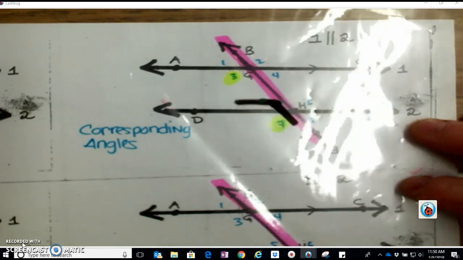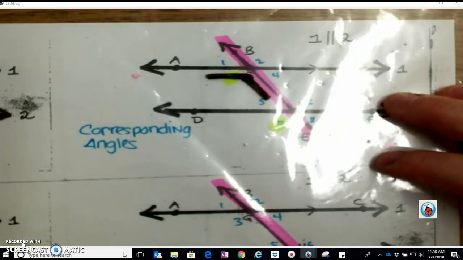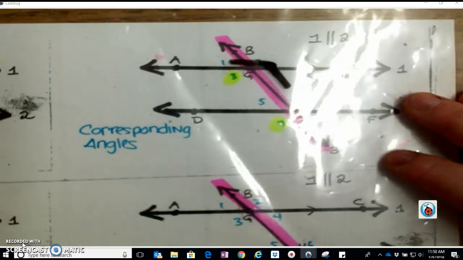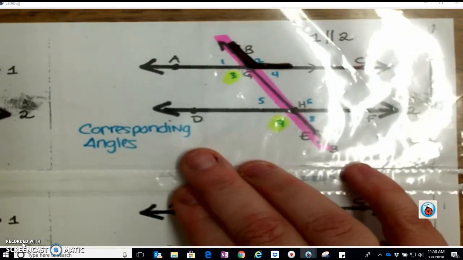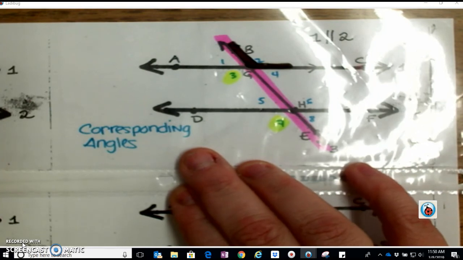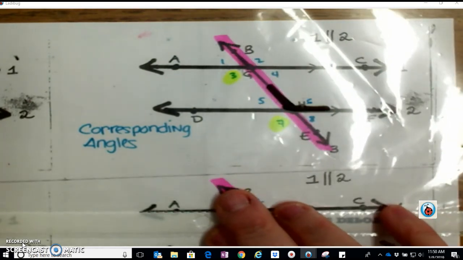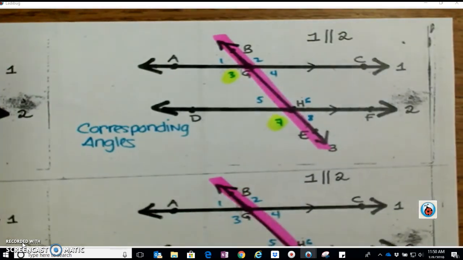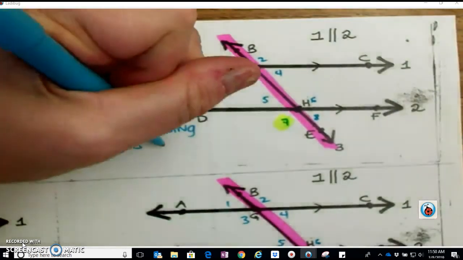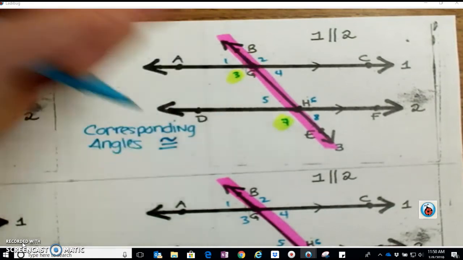And we see that they match there. And I could do the same thing on the other side, angle 2 would correspond with what? That's right, angle 6. And we can see that they match. So we can conclude that corresponding angles are also congruent.